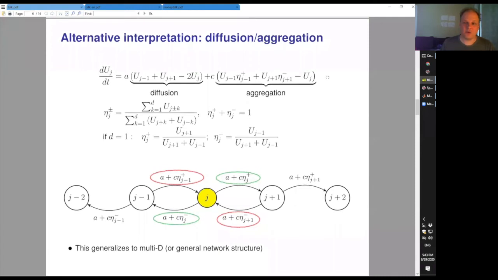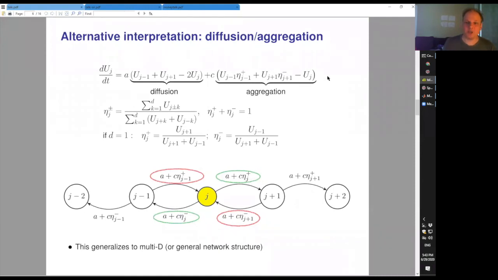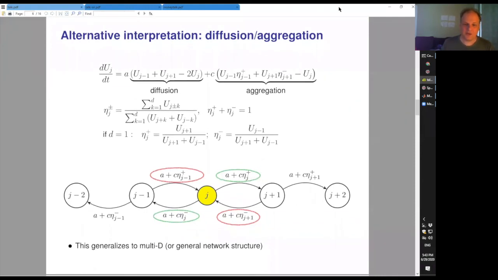You can also do an agent-based simulation of this model, and it works well. This is the Markov chain diagram for this model. And by the way, this can easily generalize to 2 dimensions or general network structure as well.